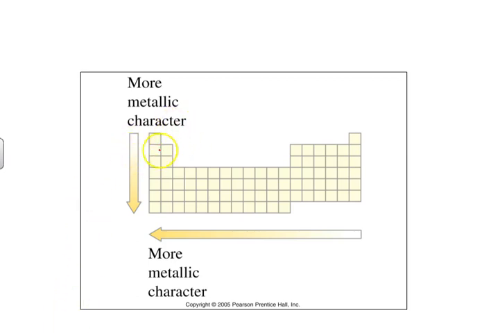So as we look at the general trend for metallic character, we find that we have the most metallic character down the table and to the left. So our elements over in this left corner are going to be those that have the most metallic character.